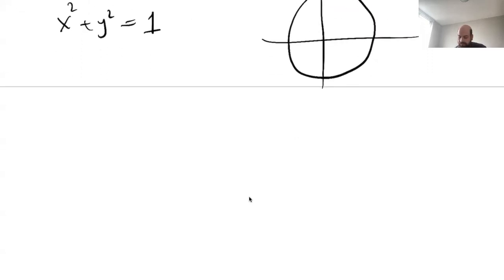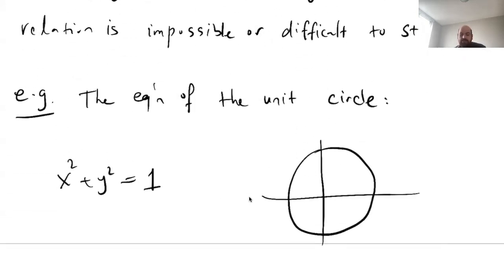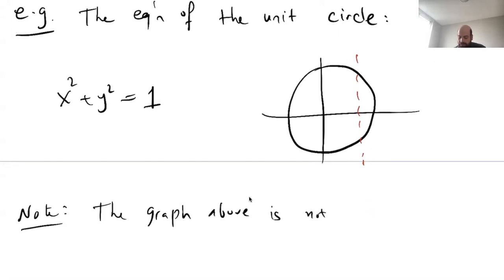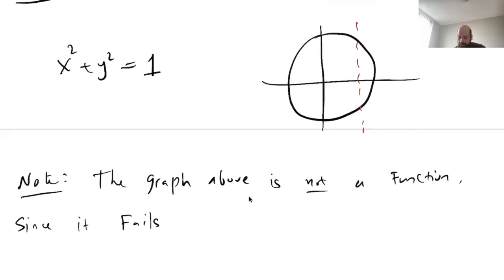Okay, and by the way, this one is not a function, right? Because it fails the vertical line test. So note the graph above is not a function since it fails the vertical line test.